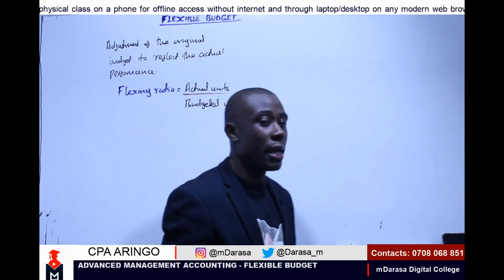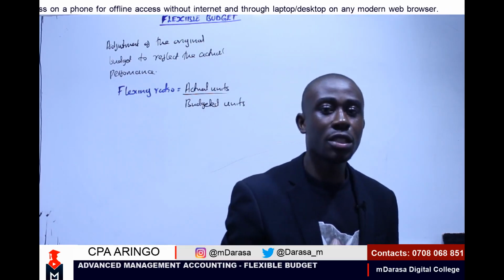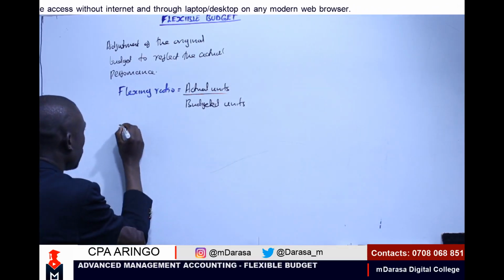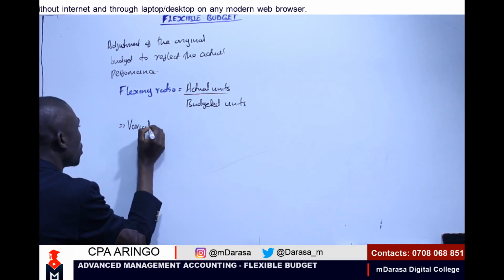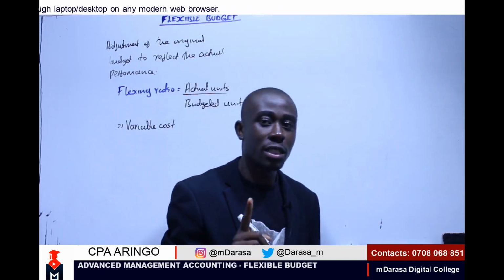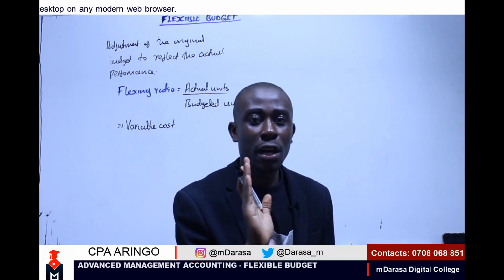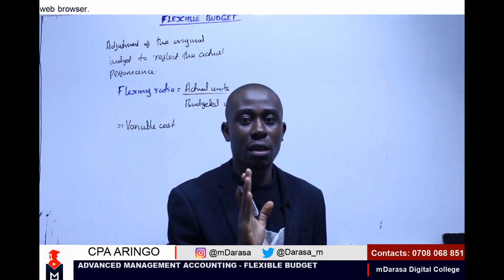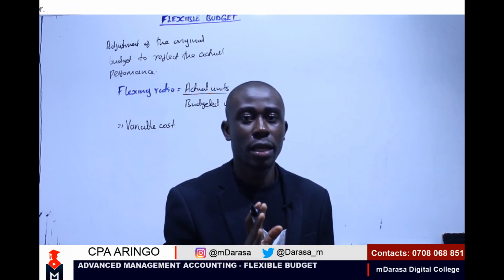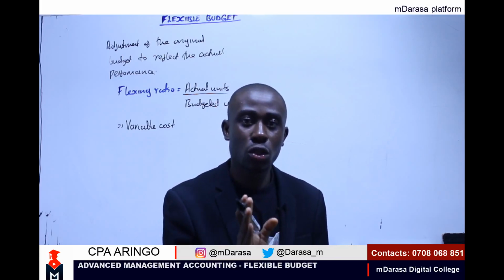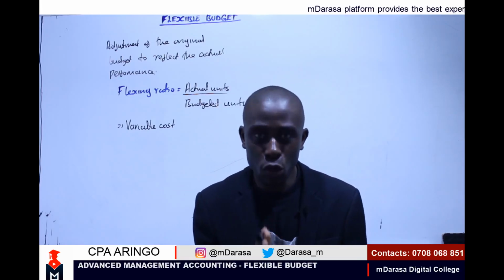And what are the key elements that we will be adjusting? We will be adjusting two components, and that is all variable costs. Remember, the variable cost that you are adjusting here should be a variable cost that is affected by the level of production, which in this case is the number of units.